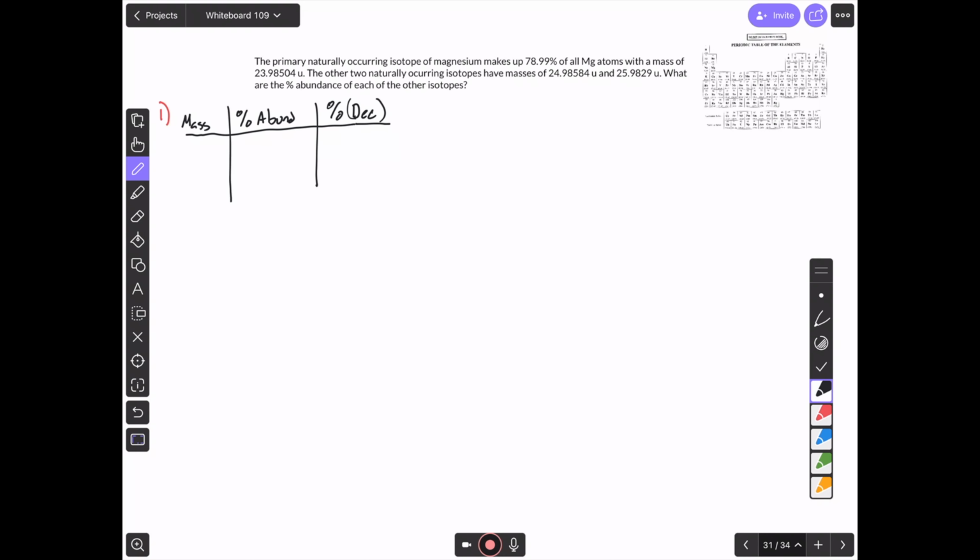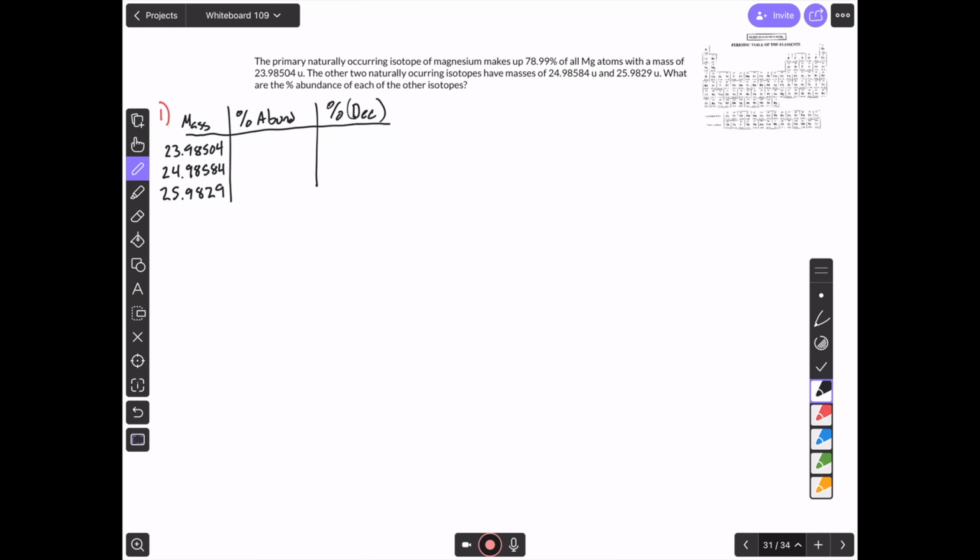So the first mass is 23.98504. Then we have the other isotopes, which are 24.98584 and 25.9829.